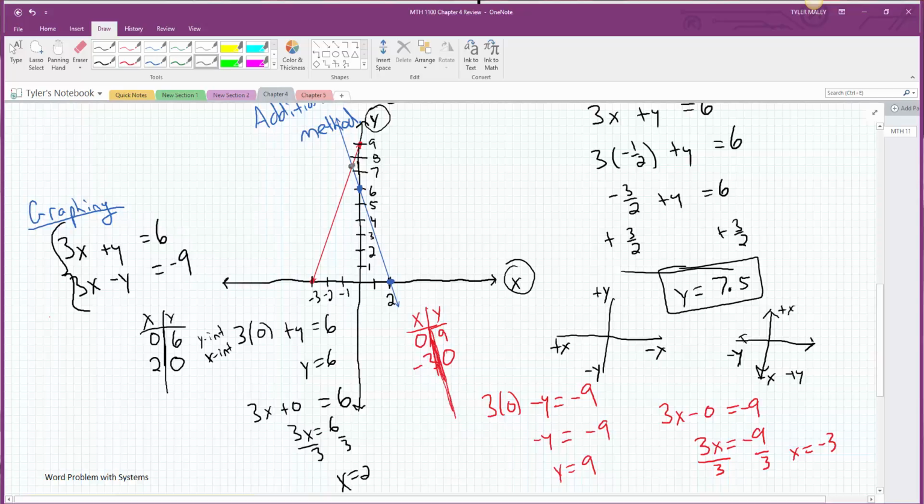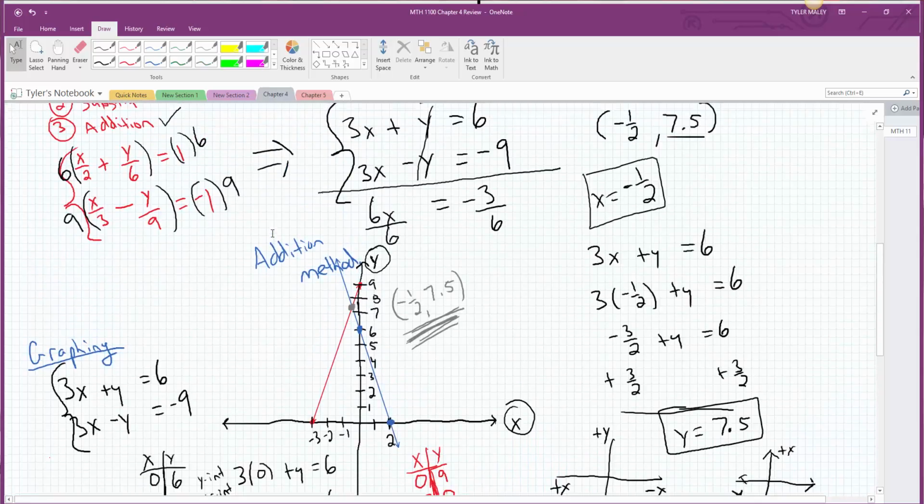So this point is the solution, which is (-1/2, 7.5). We're lucky here that this was easy to tell. Again, using a ruler is the way to make sure that you get this exact, and you want to be as neat as possible. So be careful with that if there's a problem like this on the exam.